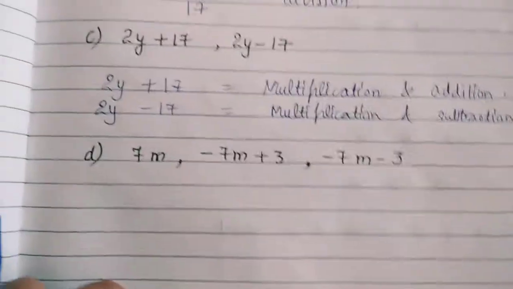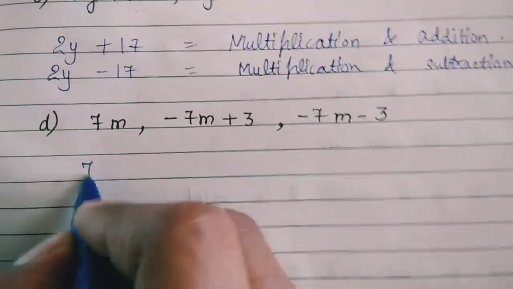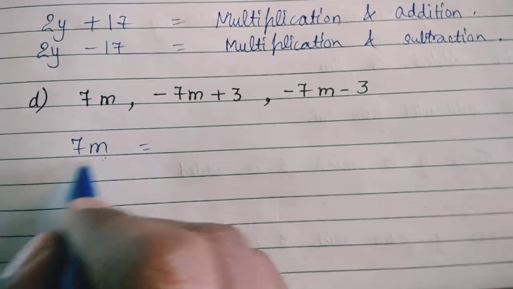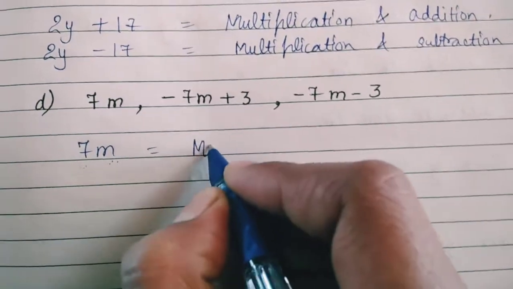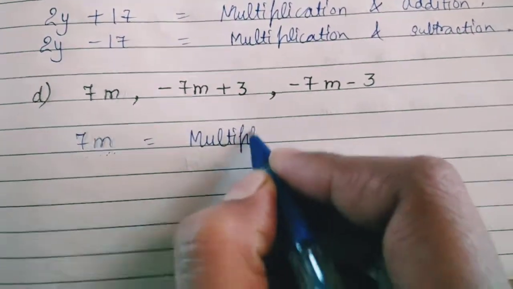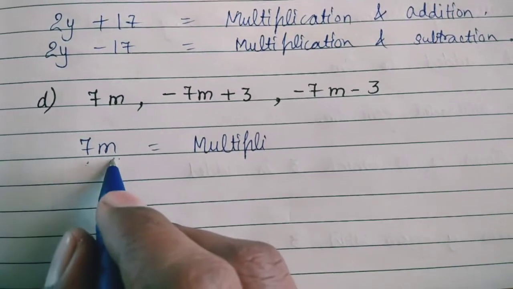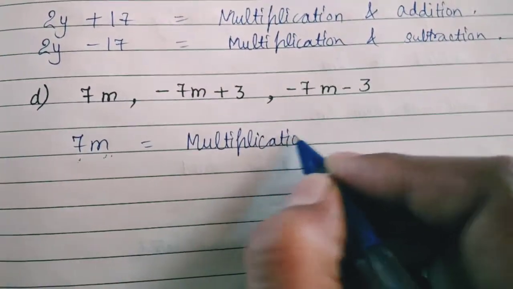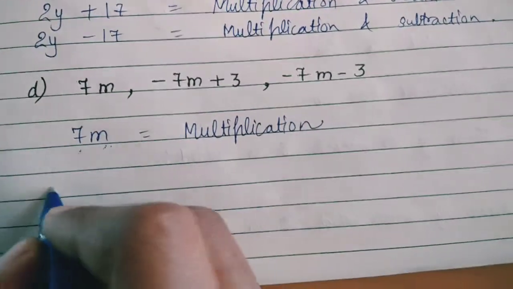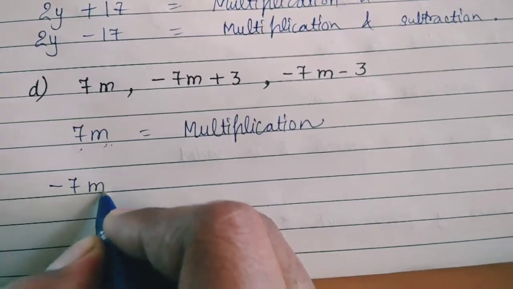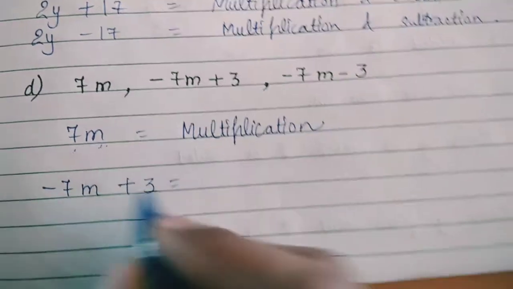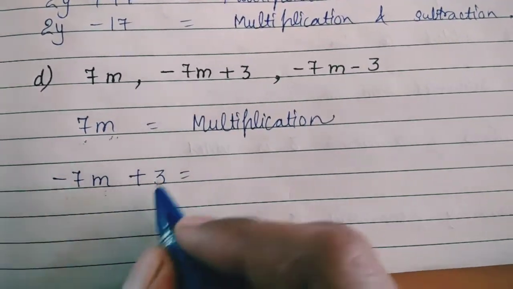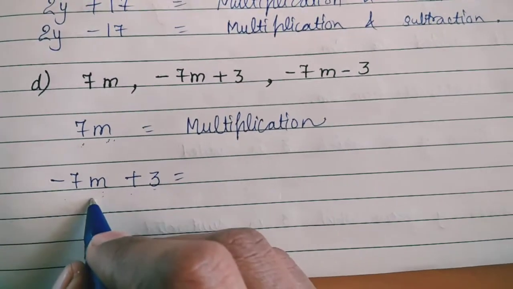Now D is 7m. It means 7 is multiplied by m, then we get 7m. So what is happening here? We simply multiply 7 and m with each other, so here we have multiplication. Then negative 7m plus 3. So negative 7 and m are multiplied by each other and 3 is added to it.